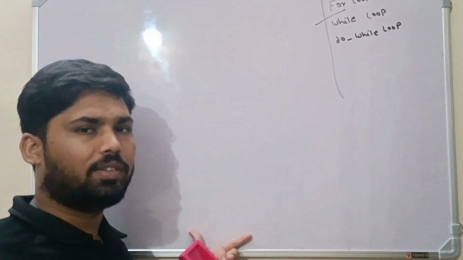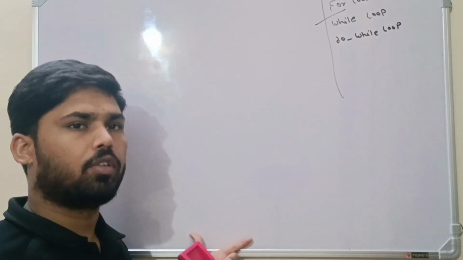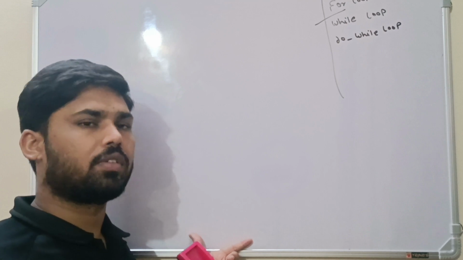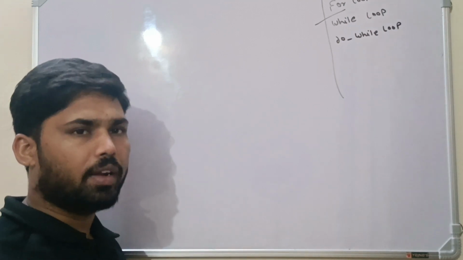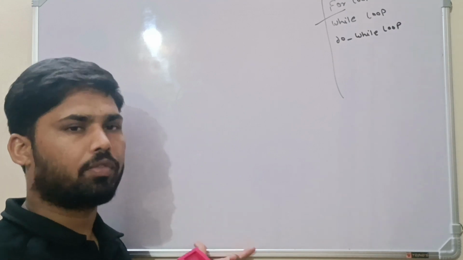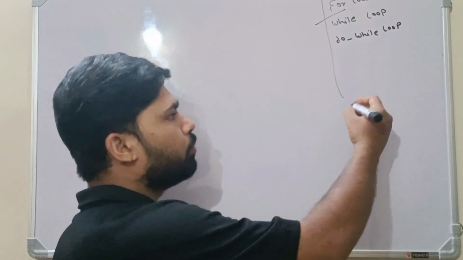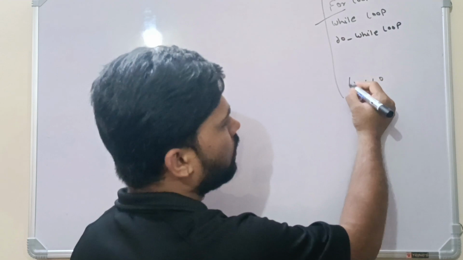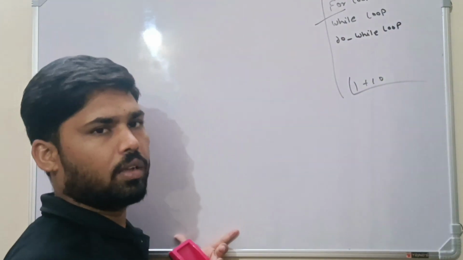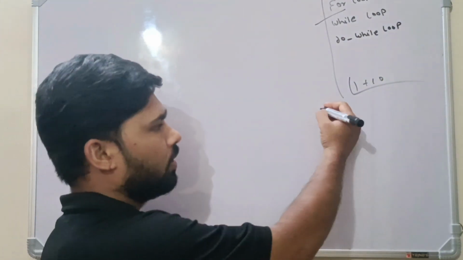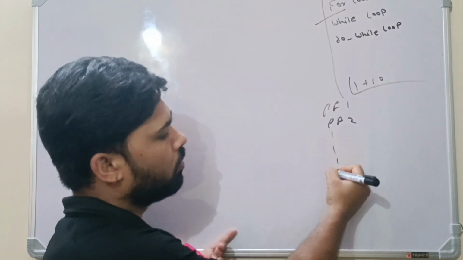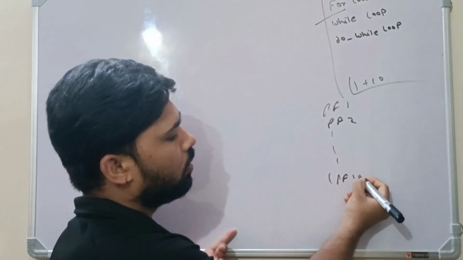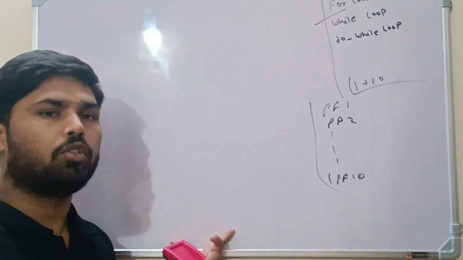So what is the for loop? Why are we using the for loop? That's what we have to know first. Basically, for loop means when you want to do iteration, you want to print a number of times. Suppose you want to print 1 to 10. There are two ways: you can print 1, print 2, up to 10, no issue.